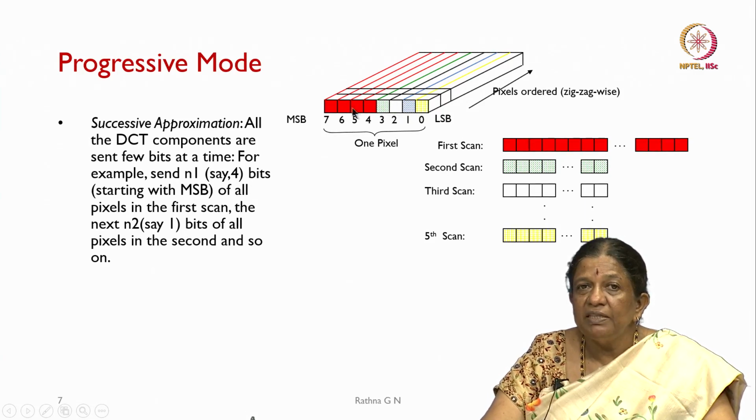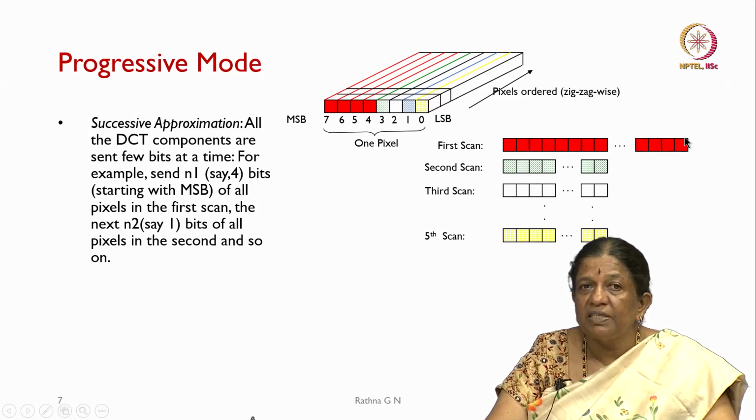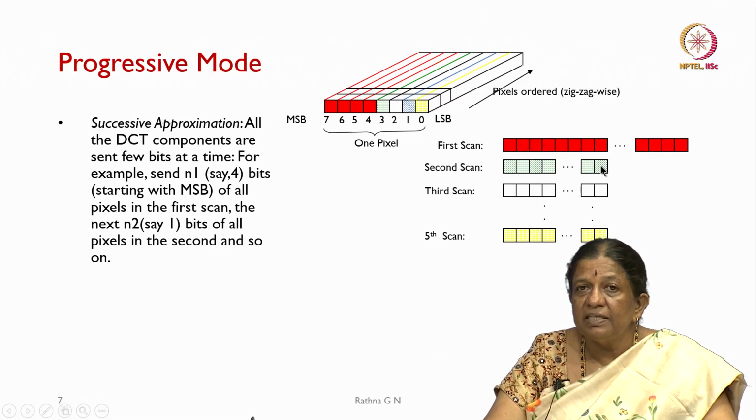So this 4 bits, whatever the length of it, is going to be our first scan, and then the second scan you are seeing here, with the bits of all pixels in the second scan, and so on, till the end, that is the LSB bit.